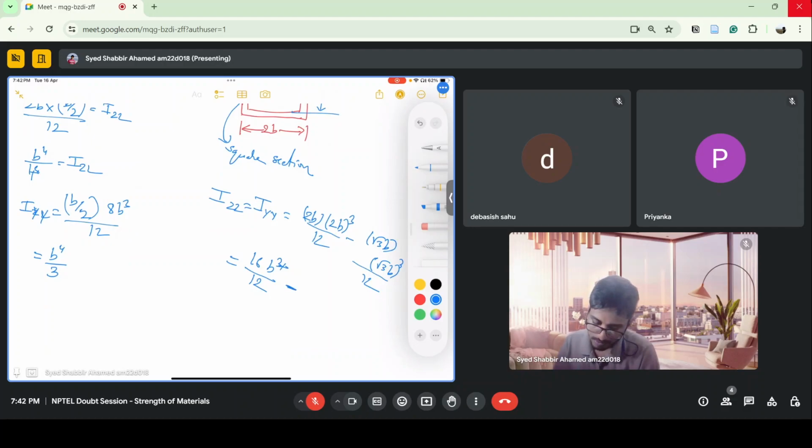And I will get 3 into 3, 9, for root 3 power 4, 9B power 4 by 12.